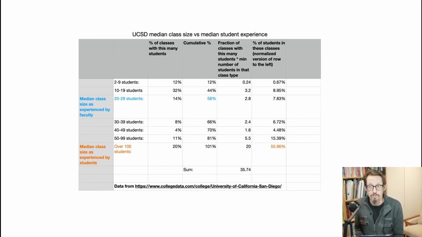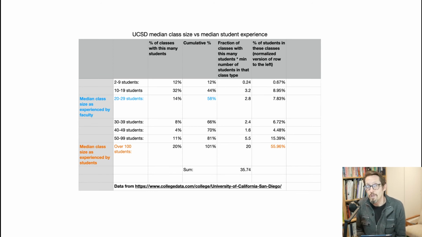And what that says is that if you stop a random professor who's walking around the university, at least in non-COVID times, and ask them, how big is the class that you're walking to right now? The median answer is going to be in the 20s. Okay?